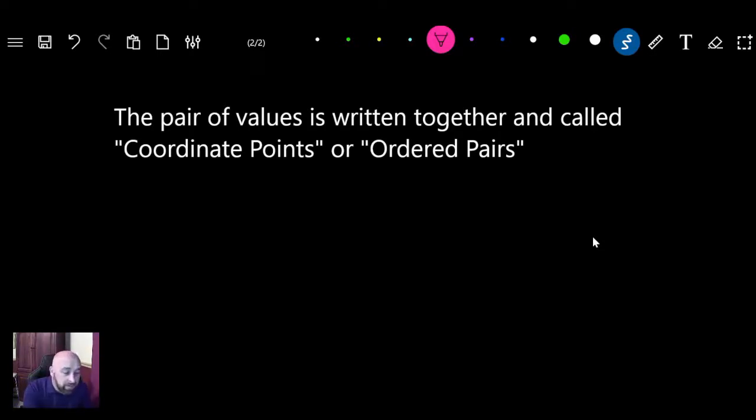So here's what that looks like. Here's the way we write that. X, comma, y. And we put that in parentheses. When you see that in algebra, when you see that in any type of math, you need to think coordinate points. All right, so in other words, we have the x.